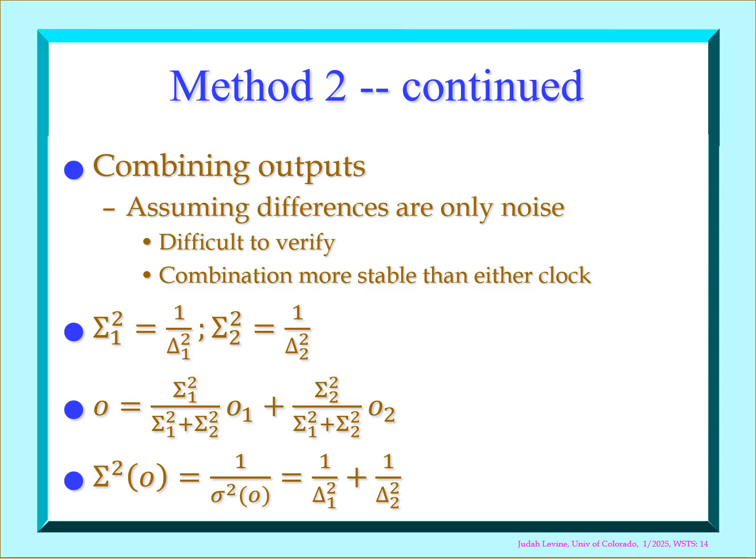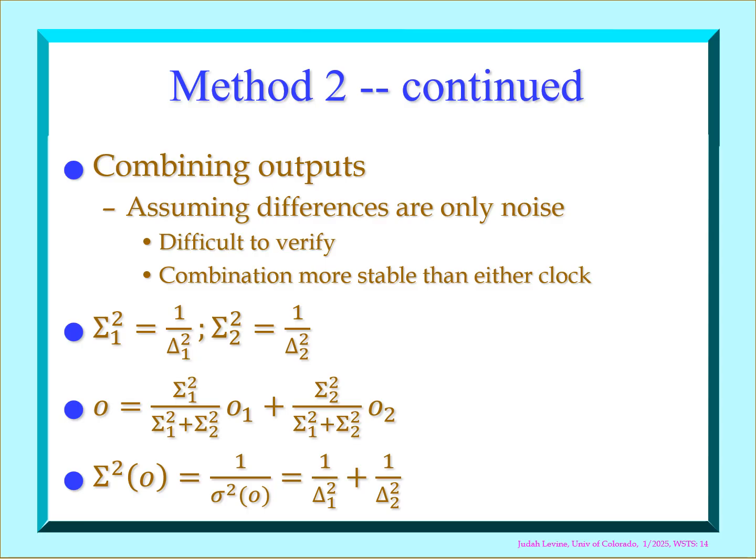It should get more weight. And the usual statistical weighted average is shown on this slide, where the output is the weighted sum of the two outputs, assuming, of course, that the differences are only noise. If the differences are systematic, then, of course, the weighted average doesn't produce a more reasonable value. It simply averages the systematic value, and the mean of it is not 0.